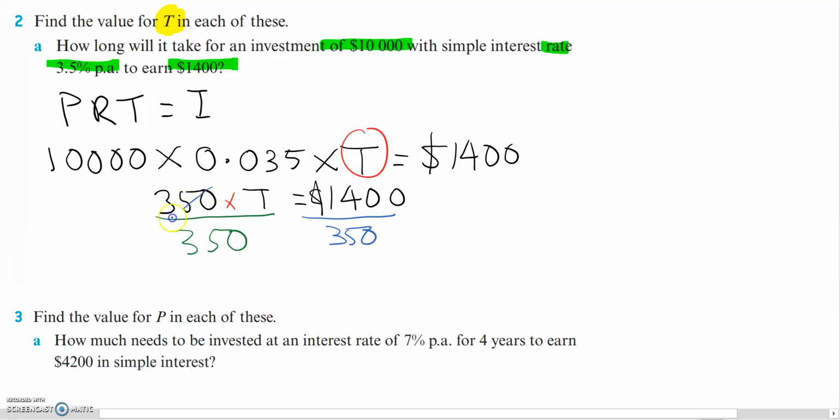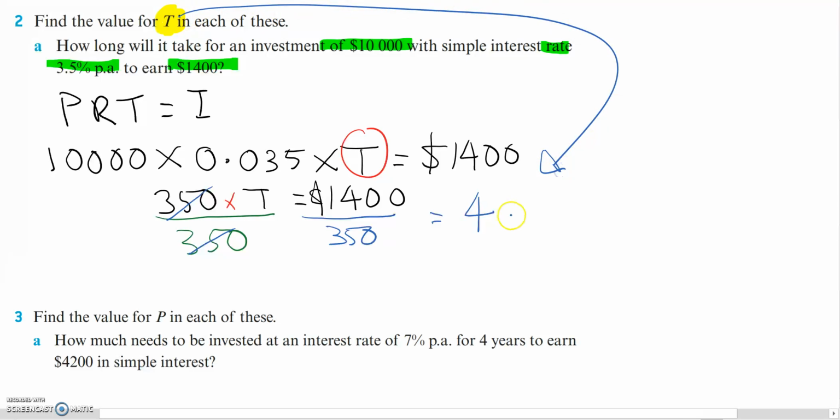So the 350 divided by the 350 gives us 1, and then the 1,400 divided by the 350 on the right side will give us 4, which is our time period. As per worded questions, we have to finish with 4 years, and that is correct.